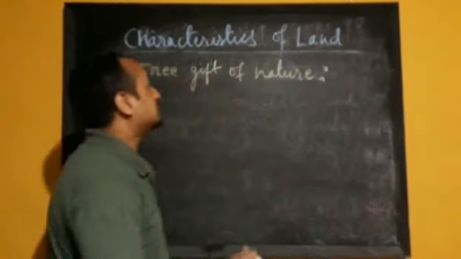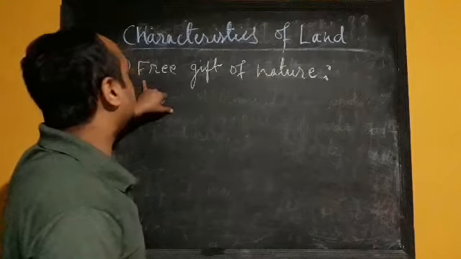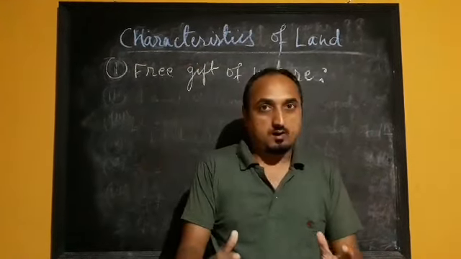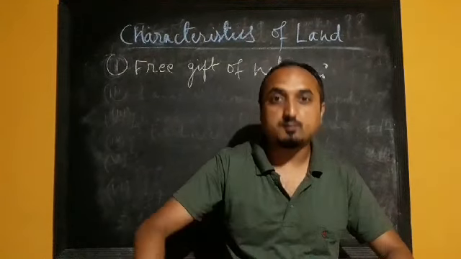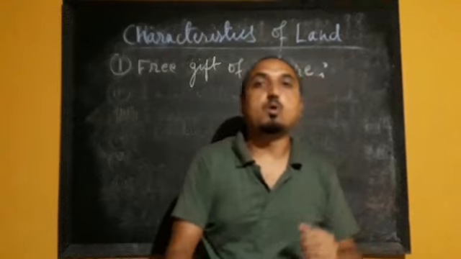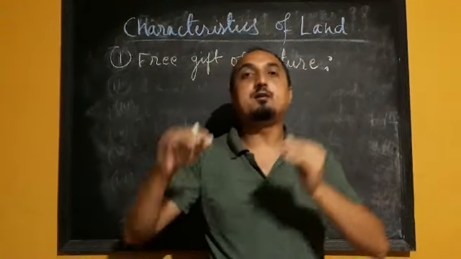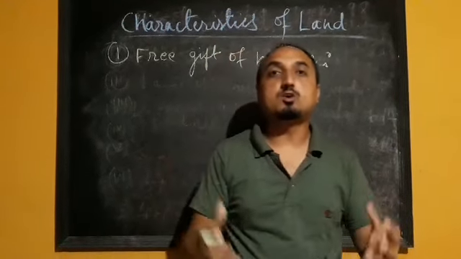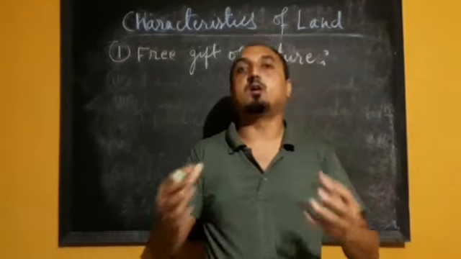Okay, so now we are moving towards the characteristics. The first characteristic is free gifts of nature. As I said, the different mineral resources, the surface of the earth, water, sunlight, these are all free gifts of nature, and man has to spend nothing to obtain them. These are all the things which are provided by our nature free of cost.